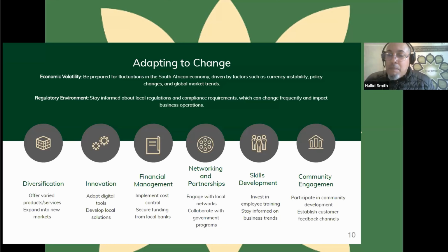We've said community engagement. You participate in community development. You're working with communities. Remember, you're supporting the people around you during this time. This is what we rely on. This is where you build your relationships, because remember, small businesses become big businesses.